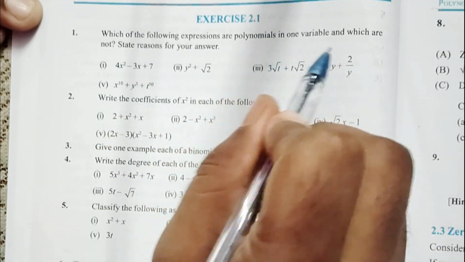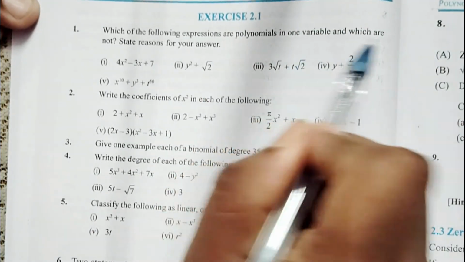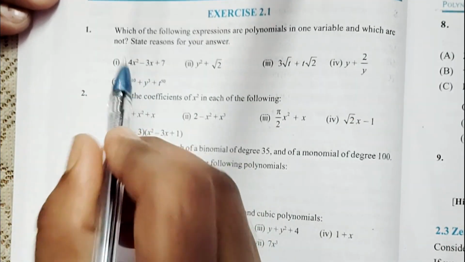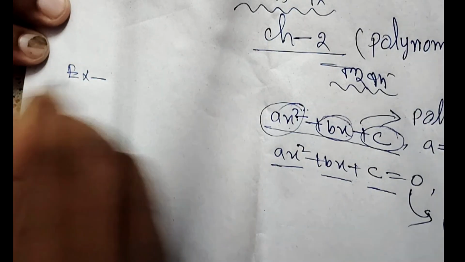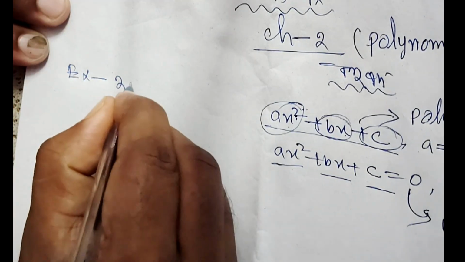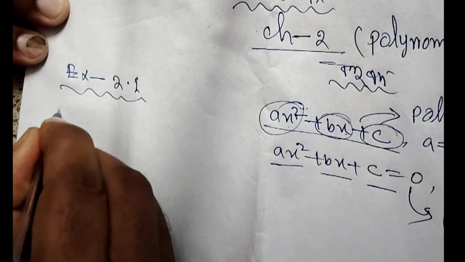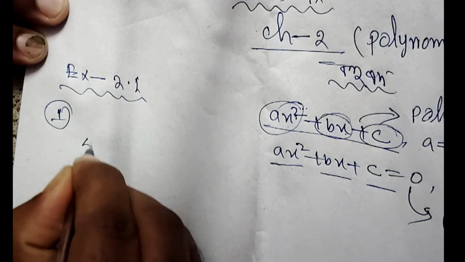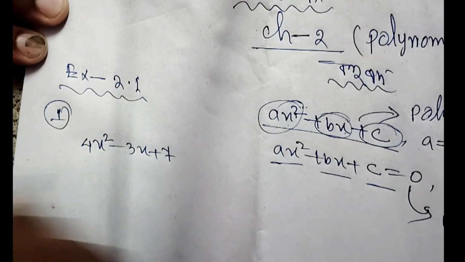They have given so many polynomials. Which ones are polynomials in one variable? It means the variable may be x, maybe y, maybe z, maybe t, anything. So which are not? You see the first question, exercise 2.1, question number 1: 4x square minus 3x plus 7.